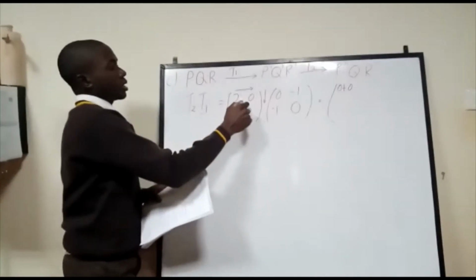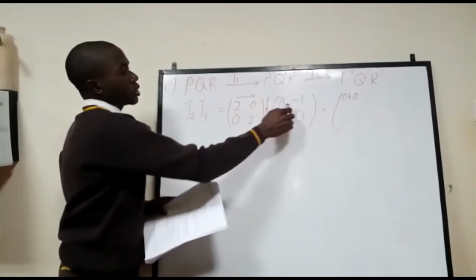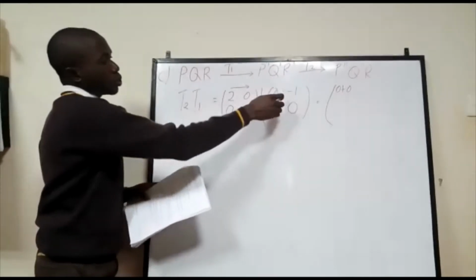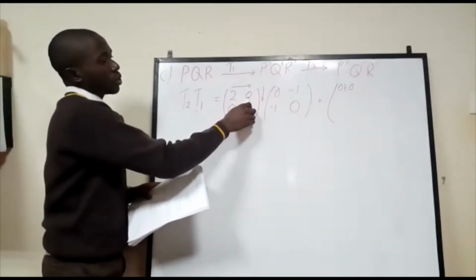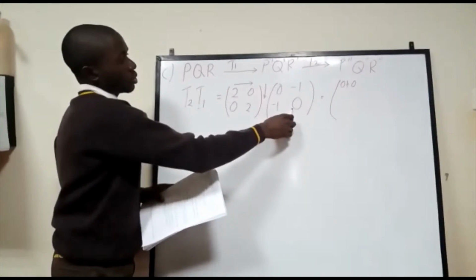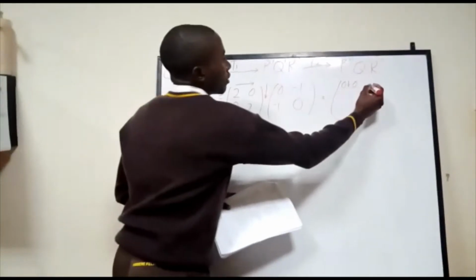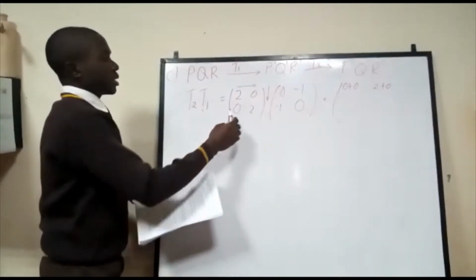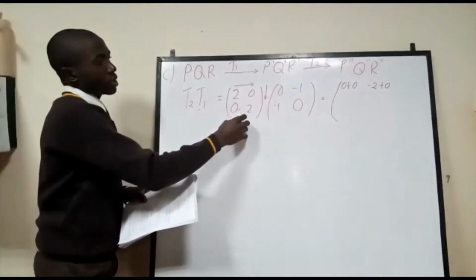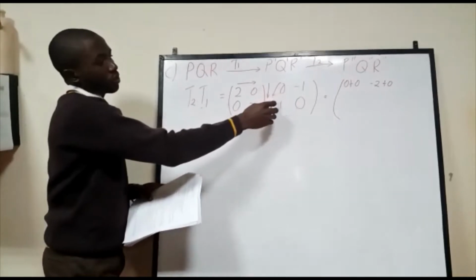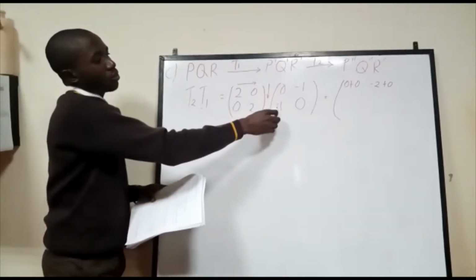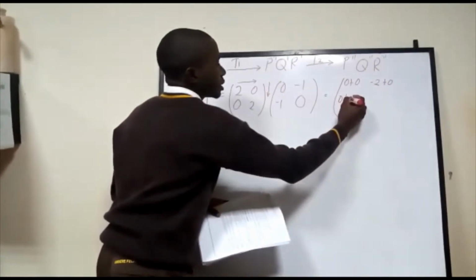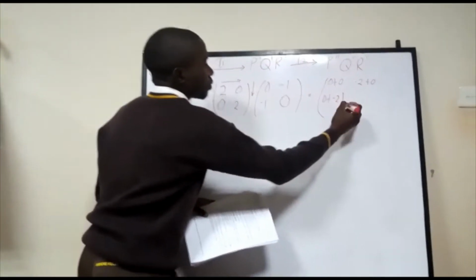Then 2 times -1, which is -2, plus 0 times 0, which is 0. Then 0 times 0, which is 0, plus 2 times -1, which is -2.